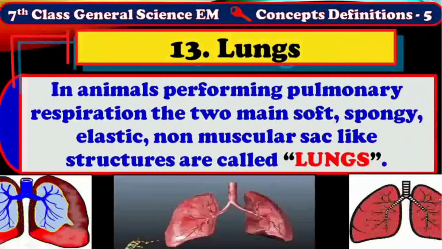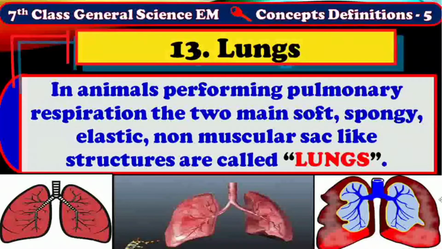Lungs. In animals performing pulmonary respiration, the two main soft, spongy, elastic non-muscular sac-like structures are called lungs. These lungs are located in chest cavity. The lungs are the only part of our body that float on water. Each lung is made up of 30 billions of small chamber-like structures called alveoli.